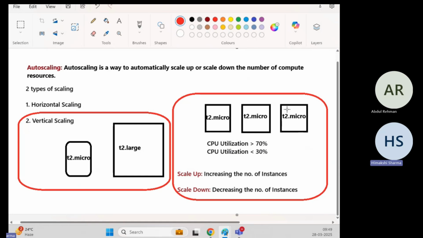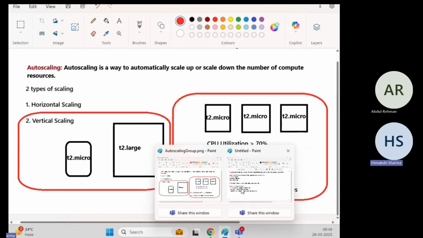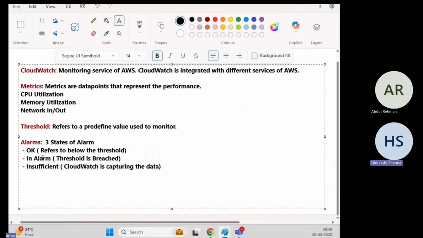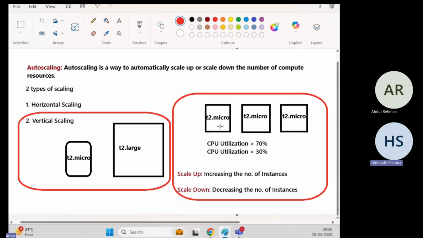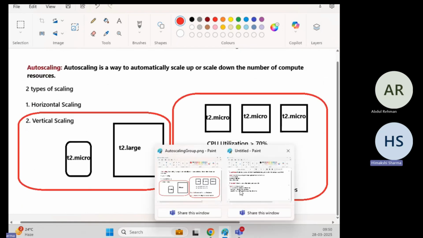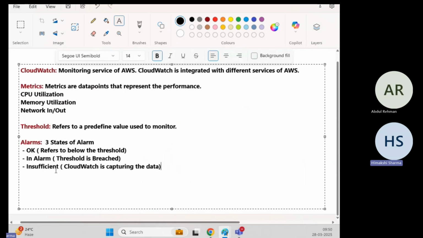If it is more than 70%, it will go into the In alarm state. If it is less than 70%, it will go into the OK state. And while it is checking the actual CPU utilization on all these three EC2 instances, at that moment it will remain in the Insufficient state. So basically there are three states of alarms available.